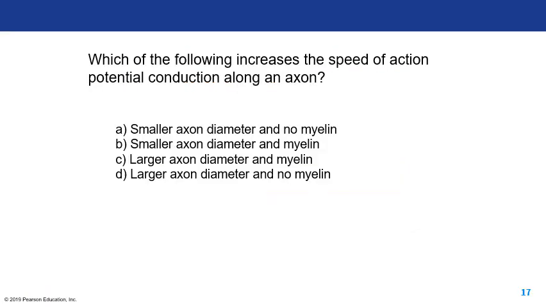All right, so here is another question. Which of the following increases the speed of action potential along the axon? So you want to have a very fast action potential. Which one did you choose here?